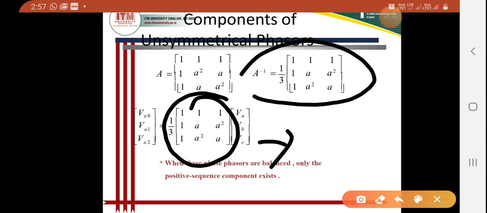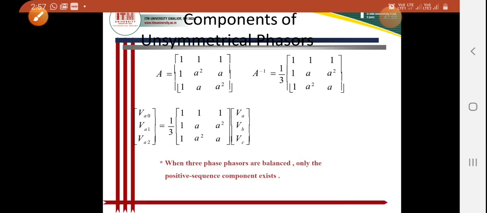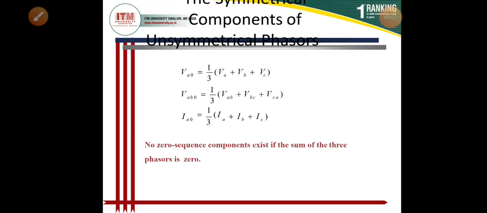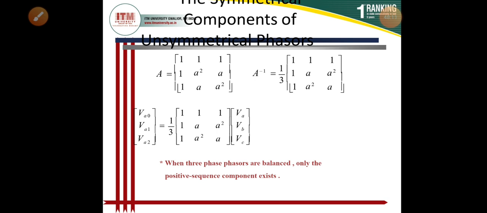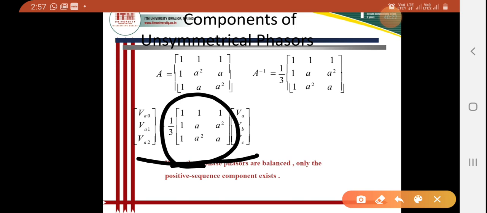So once we get the A inverse matrix, we can easily find the symmetrical components VA0, VA1 and VA2 from the unbalanced phase voltages VA, VB and VC.